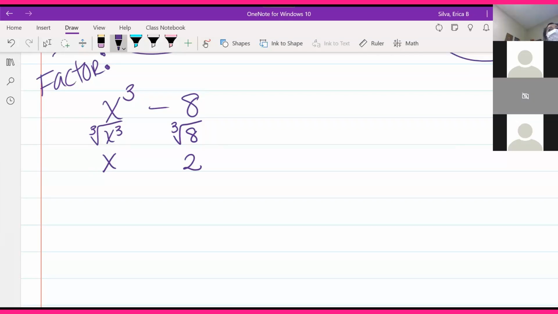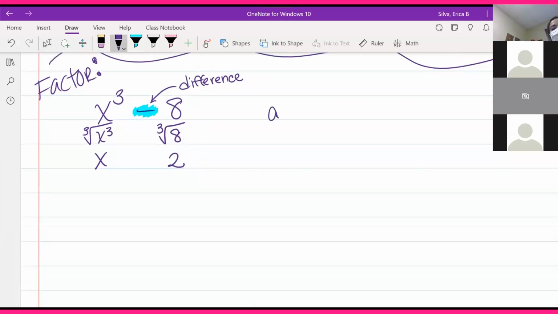Are we going to use the sum of cubes, or the difference of cubes? The difference, because we have a minus sign. Our difference of cubes says a cubed minus b cubed equals a minus b times a squared plus ab plus b squared.